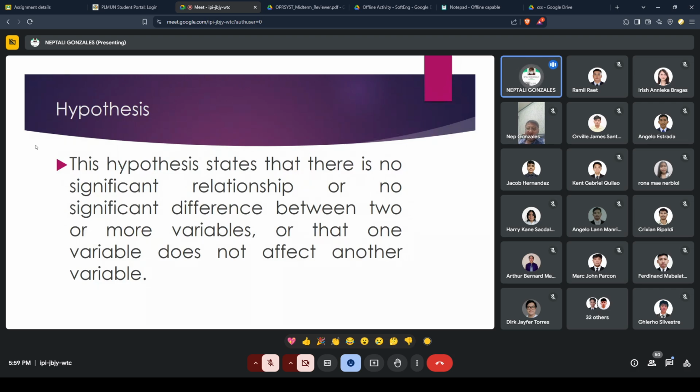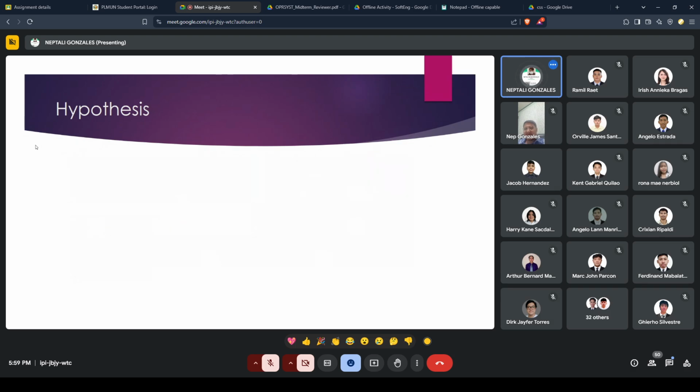For as long as one variable does not affect the other variable, then it has no significant relationship or no significant difference, and we will accept the first hypothesis, which is the null hypothesis.